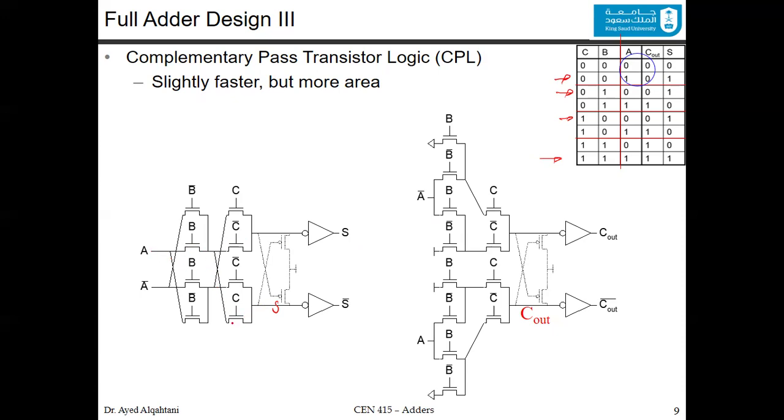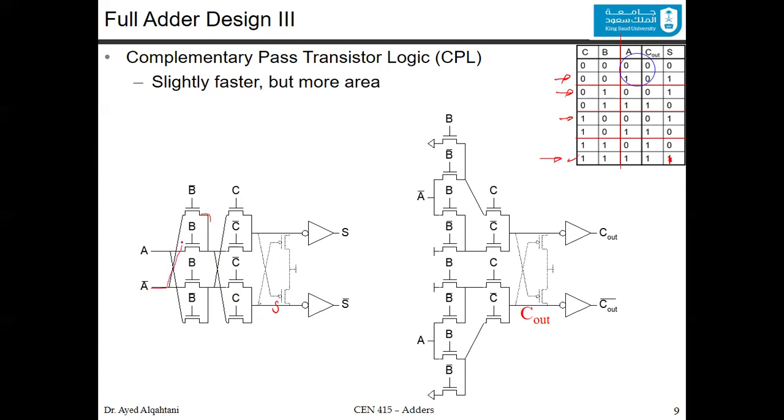So you have A, B, C. We have done this now. Or let me write it this way. And for this one, you have C, B bar, A bar. So you have A bar, and then B bar, which is this one, and then C. So you get to the C to get to the S.